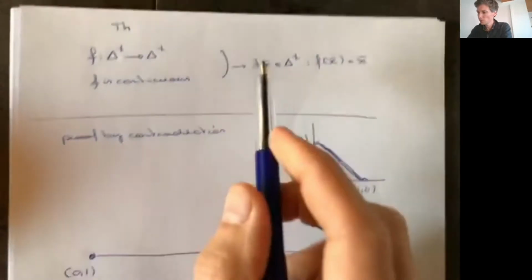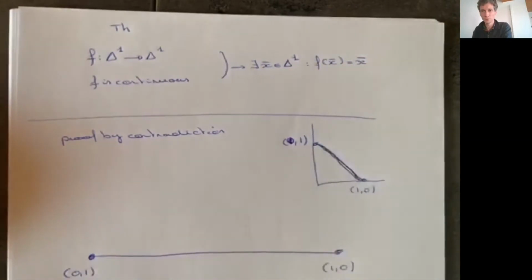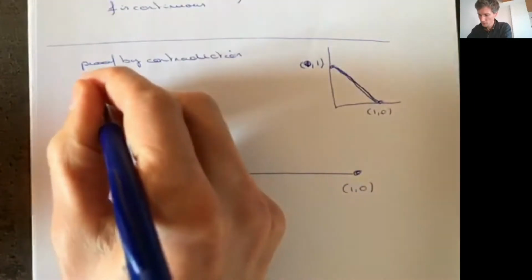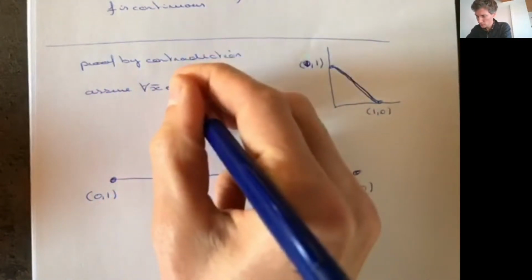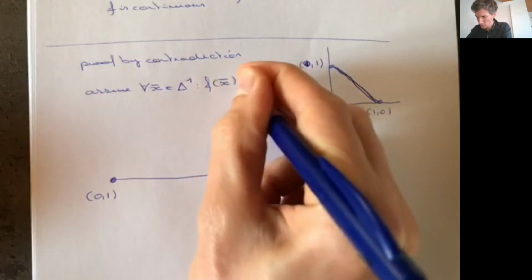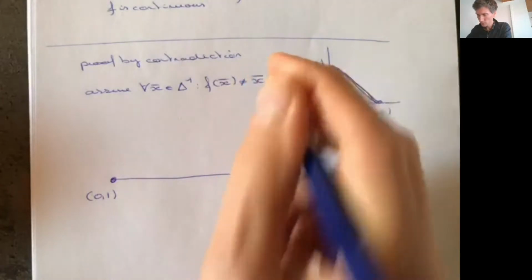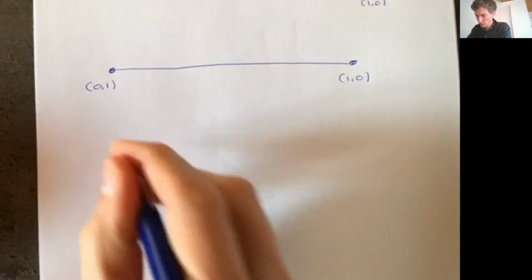Okay, so I'm going to assume that for every x in delta 1, f of x is different from x. So assume for all x in delta 1, f of x is different from x. So let's have a look at a particular x, right?